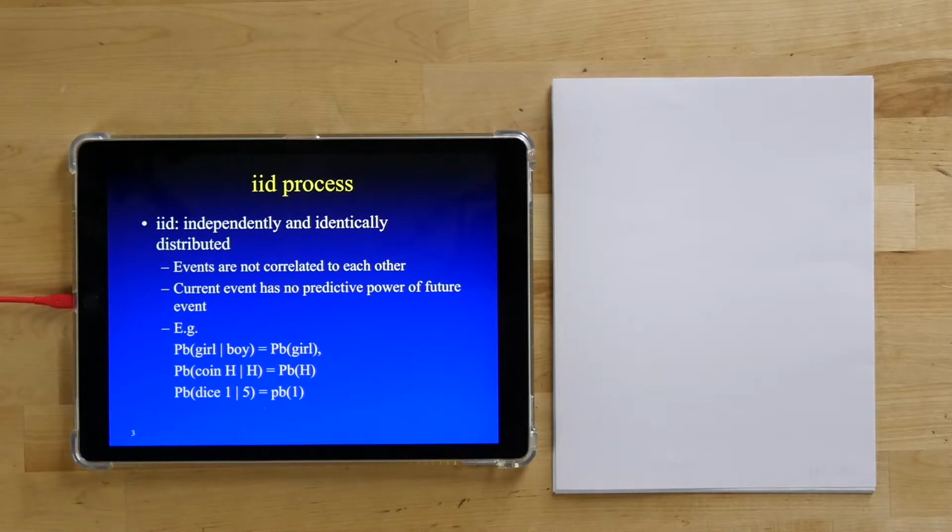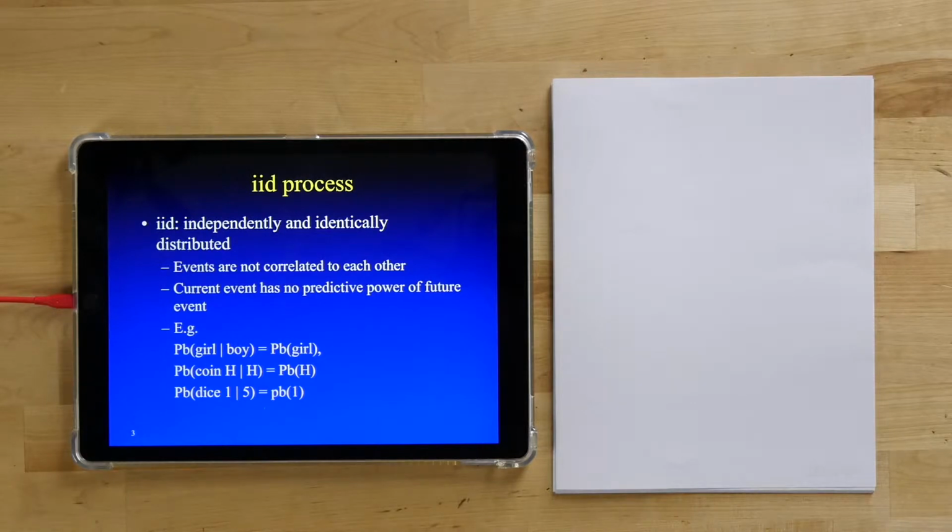The next question, say if I have a coin and I flip the coin, I got a head, what is the probability the next coin flip will be a head again? We know that as IID process, it's just the probability of having a head, regardless of what the previous coin flip is.